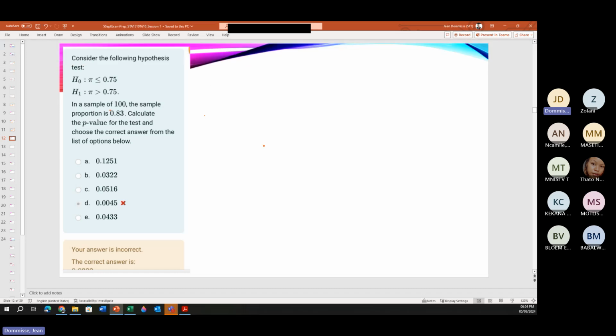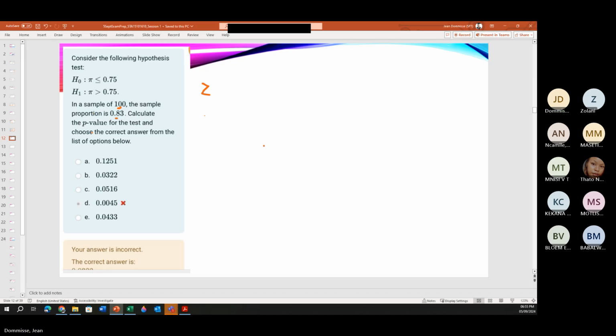In the sample of 100, the sample proportion is 0,83. Calculate the p-value for the test and choose the correct answer from a list of options below. Okay, proportion, we work with a Z. So that is just the important thing.